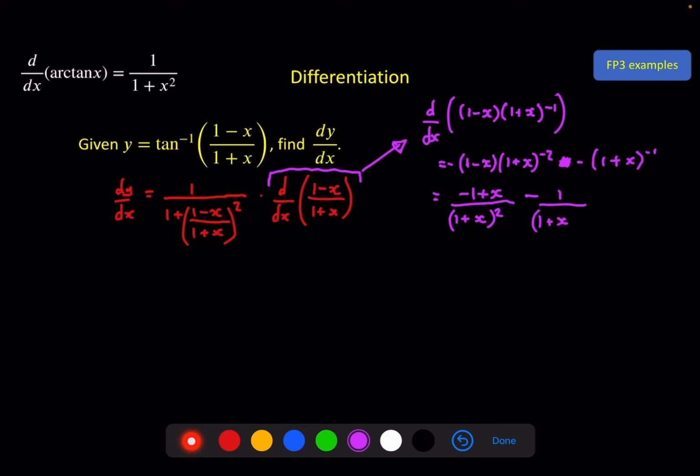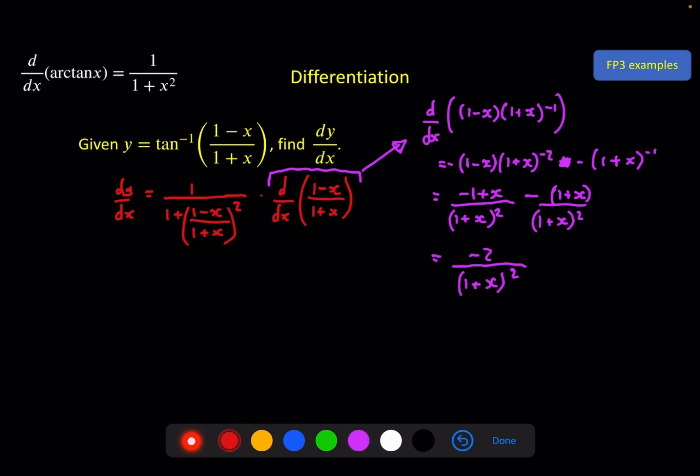Now, to put those together, I'm going to multiply top and bottom by 1 plus x and combine these fractions. So we've got minus 1 minus 1 is minus 2 on top, and then x minus x is gone. And on the bottom we've got the common denominator. That's a little bit tidier. Okay, so the derivative of the thing inside arctan gives me this.